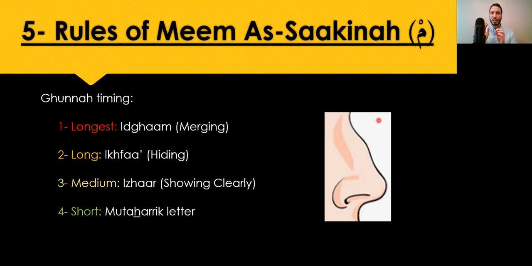If you say salatihim without any ghunna here, it could be sounded as a ba, because ma and ba come out from the same place. So salatihim, there's a small ghunna. Salatihim, right? Comes from the nose. Salatihim sahun.